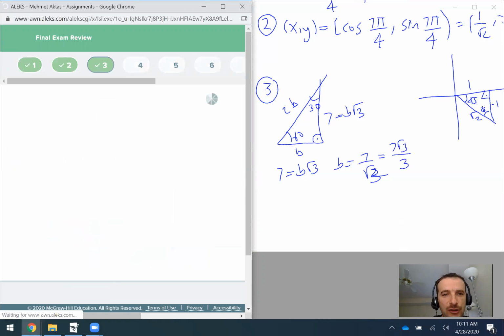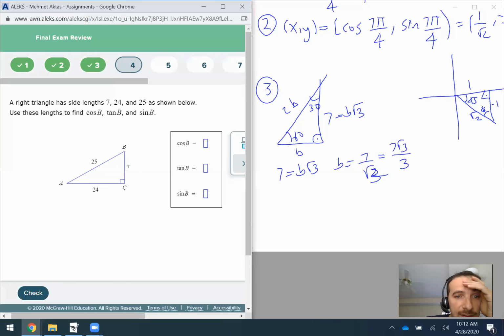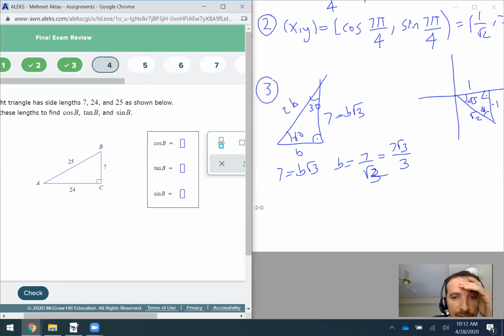Okay, anyway, let's go to the next question. A right triangle has side lengths 7, 24, and 25. Use these lengths to find cosine B, tangent B, and sine B. So how can we do that?